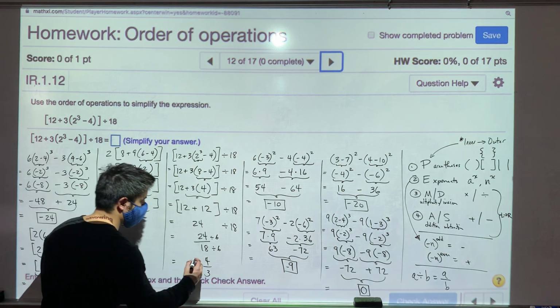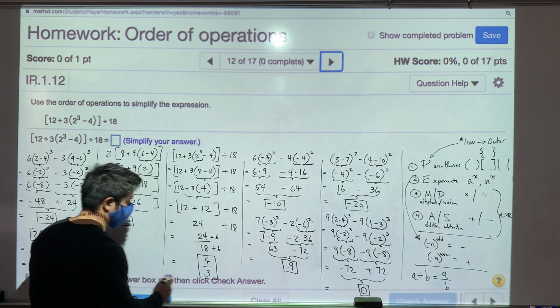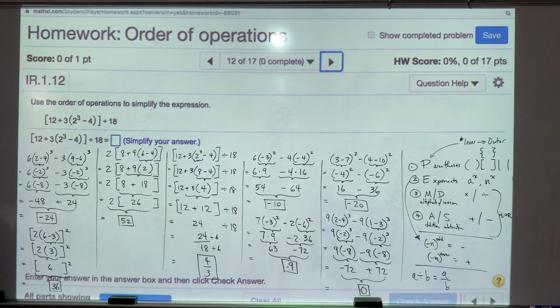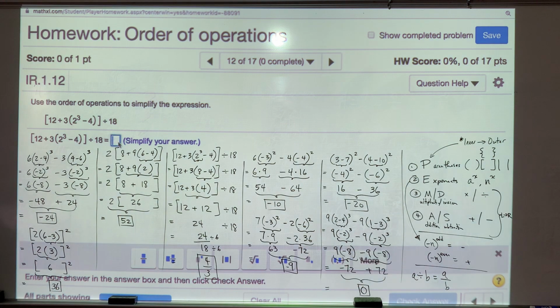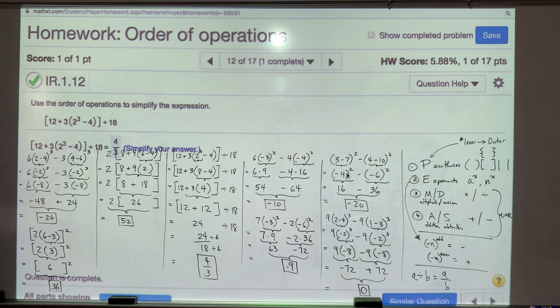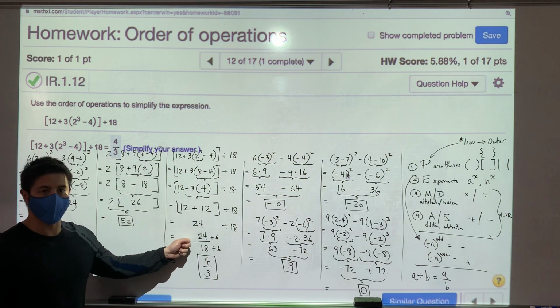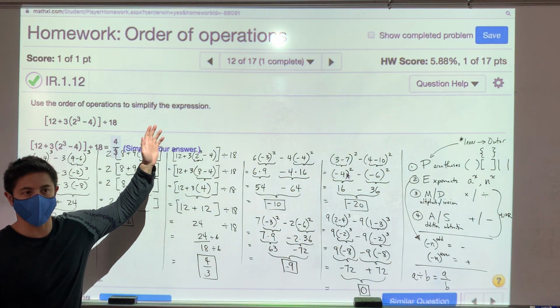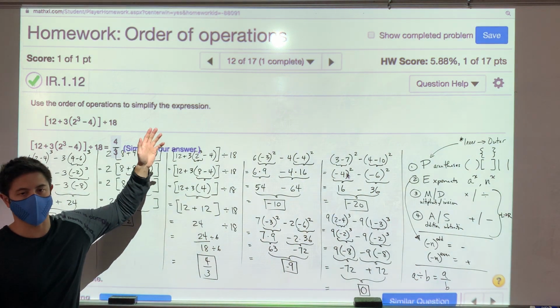Now I am almost certain that there is somebody over here, and I'm going to type this answer in just to make sure I got it correct. There's somebody here that probably has a problem that got stuck here. Let me know. I'll help you with your fraction because we really haven't reviewed too many fractions yet.